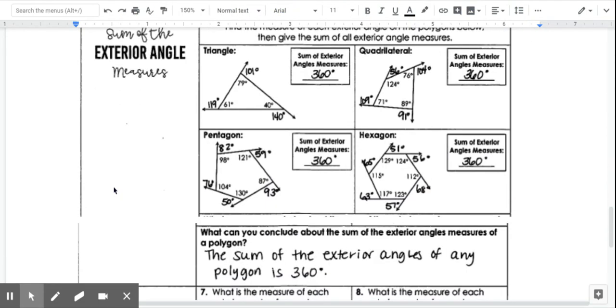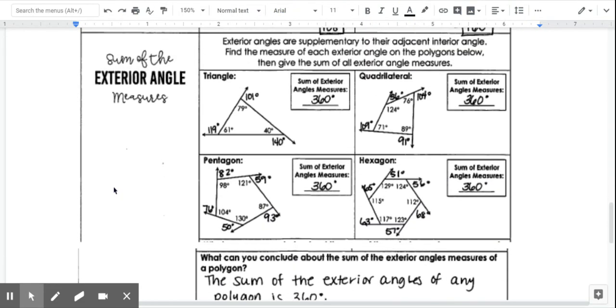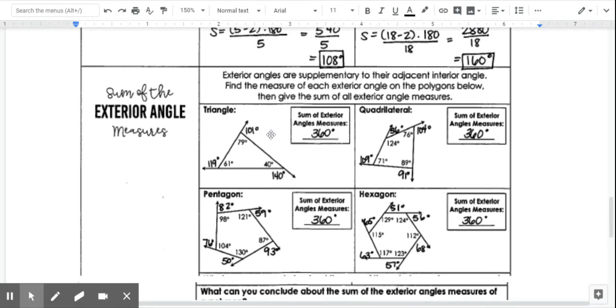All right, so last thing we're going to take notes on here, exterior angles of polygons. So a long time ago, we talked about exterior angles of triangles. So exterior angles are supplementary to their adjacent interior angle.